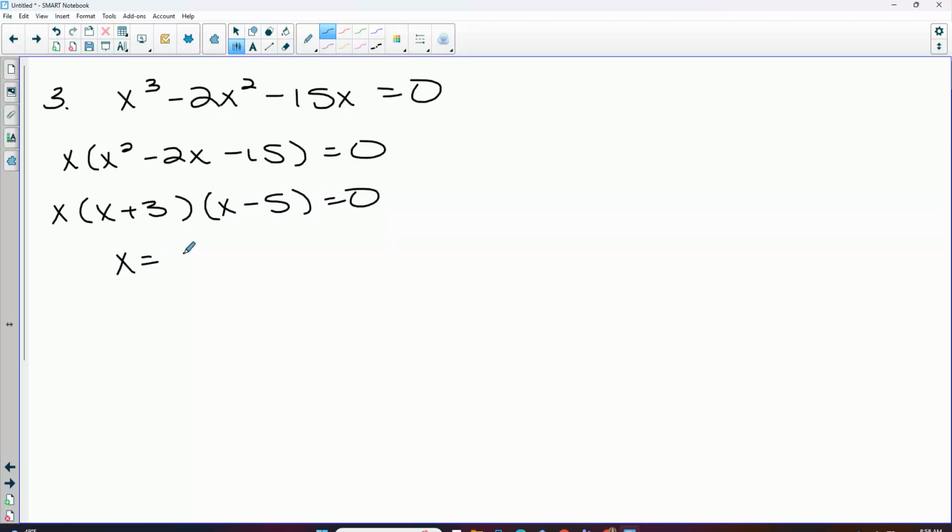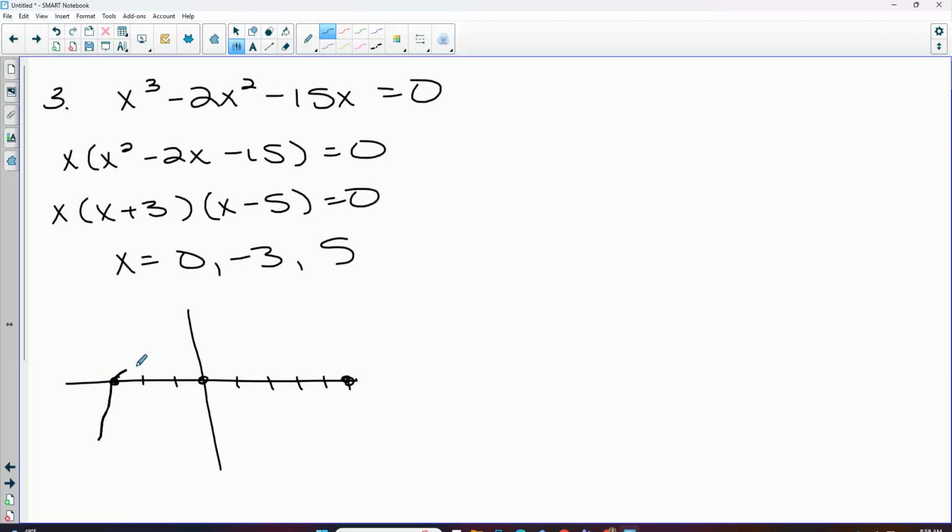So it hits at 0, negative 3, and 5. You could remember, like x cubed, that's like a chair, so your behavior is down, up, or plug in test points to see. But that's what our function looks like.